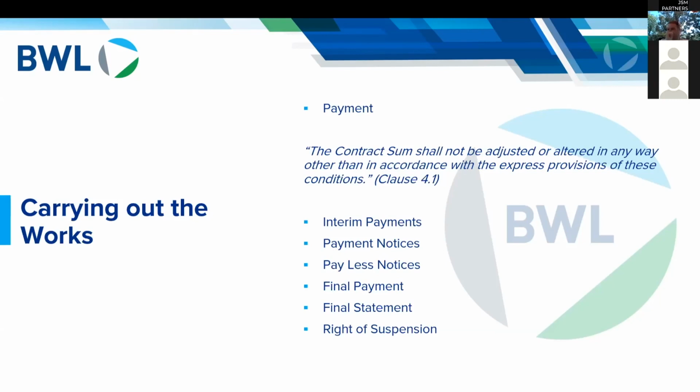So how do we get paid under a construction contract? Well, first of all, we've got to make a payment application. So the payment applications are typically a monthly cycle, and typically it's a document setting out what percentage of work has been done in that month against the items in what we call the bill of quantities.